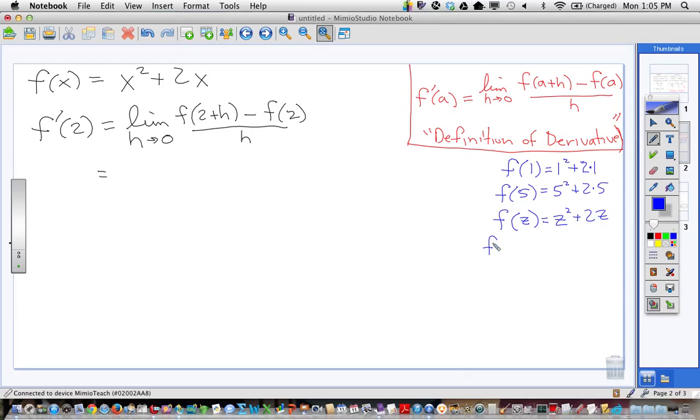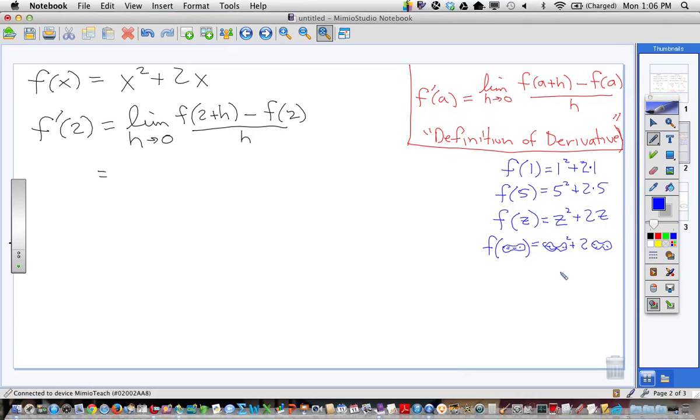And if I ask you for f of blob, it's clearly a peanut. Clearly a peanut. If I ask you for f of peanut, you would say what? Peanut squared plus 2 peanuts.